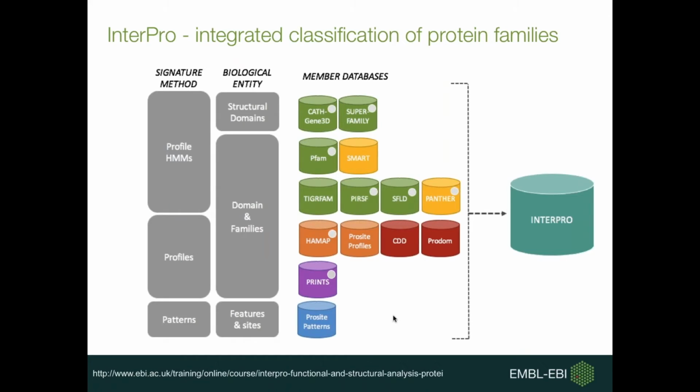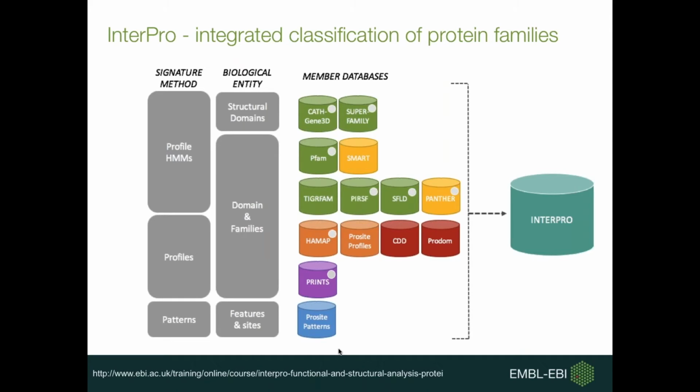And what the InterPro database does is take all these different member databases and put them together. These member databases use different methods of producing their signatures. They're looking for different things. Some are interested in structural domains, others are looking at protein families, others are trying to predict active sites, binding sites, and so on, and InterPro puts it all together.